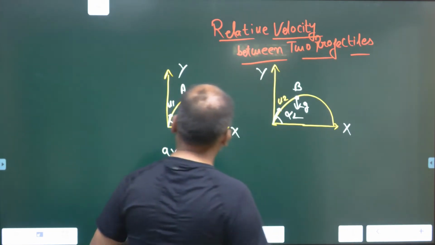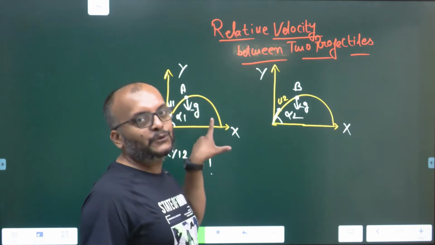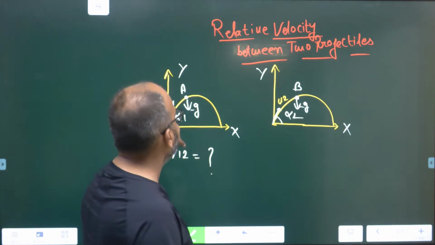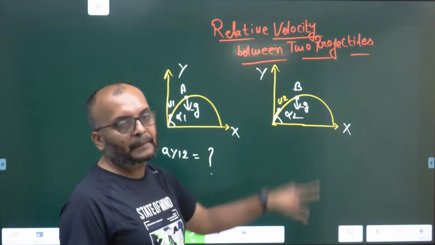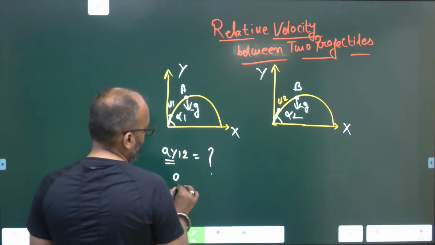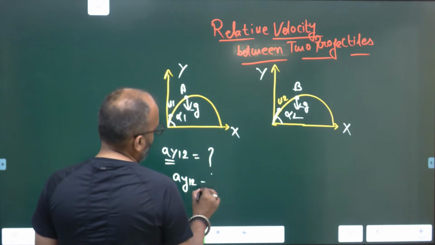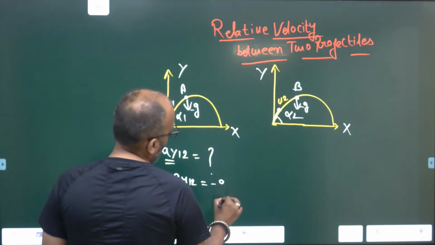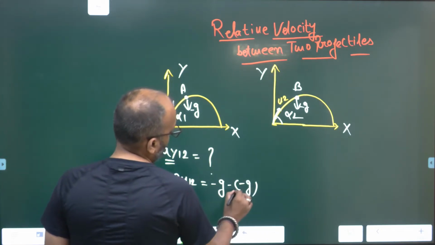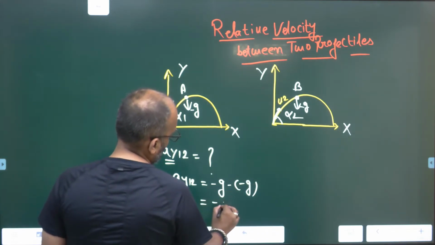So I asked you the relative acceleration of body 1 with respect to body 2. Both are being acted upon by minus g. And I am saying along the y-axis, acceleration along the y-axis. So what will it be? It will be acceleration due to gravity. So minus minus is plus.